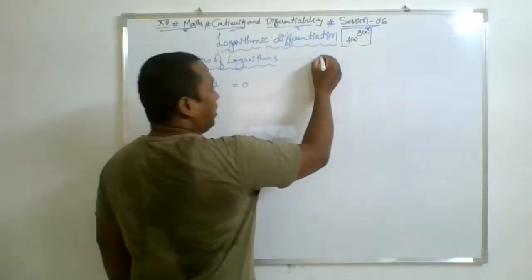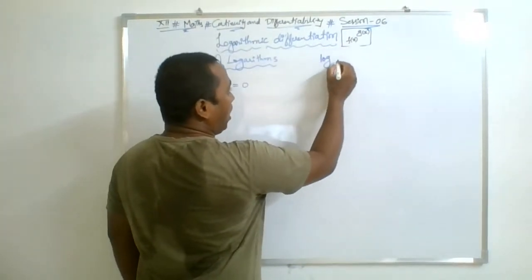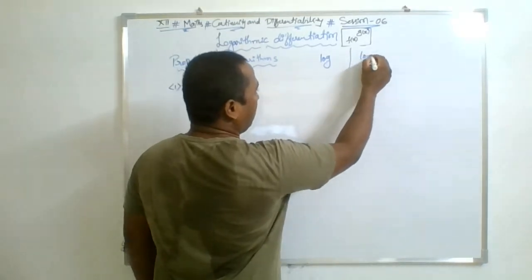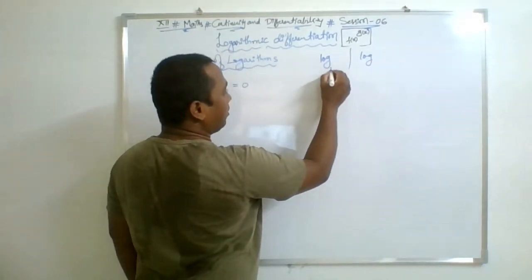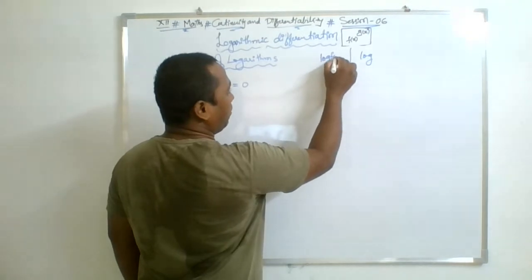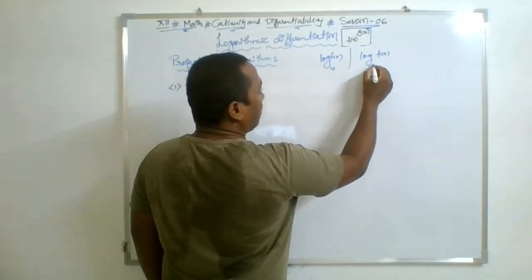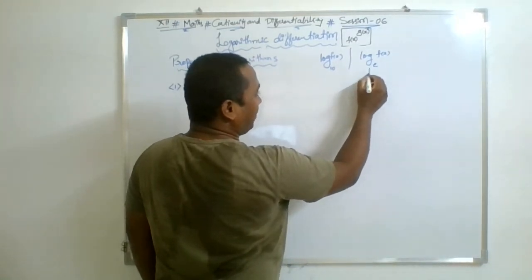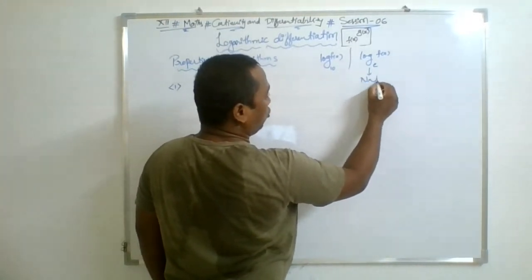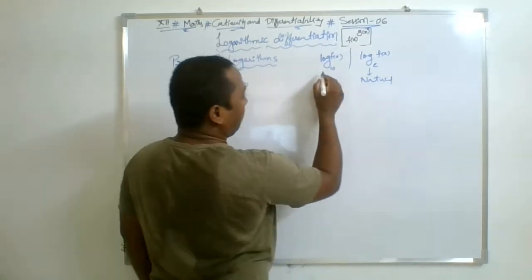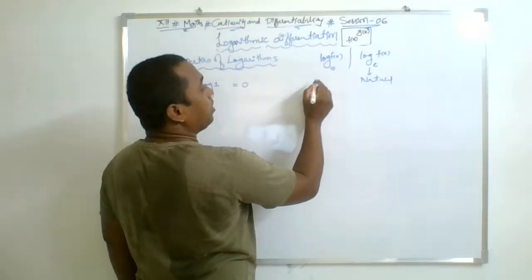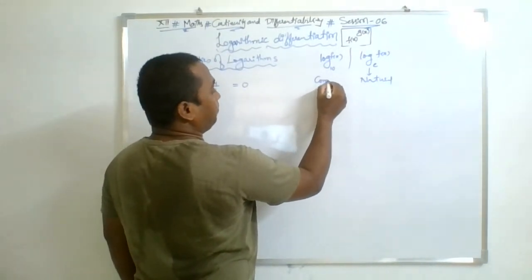Hence, here the logarithmic functions are divided into basically two groups. If base is e, it's called a natural logarithm. If base is 10, it's called a common logarithm.